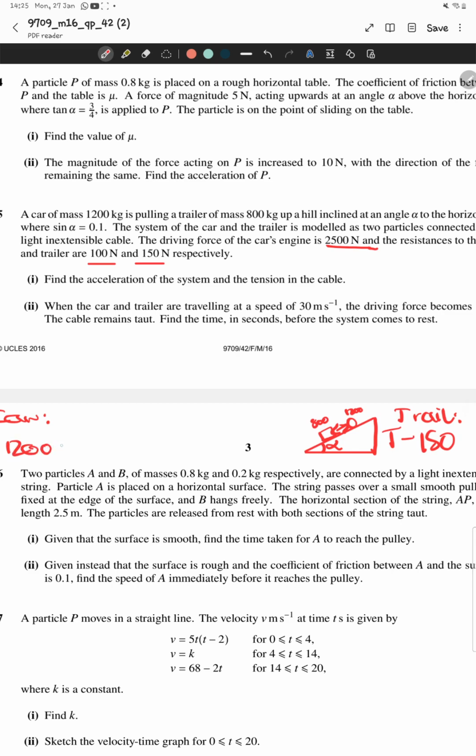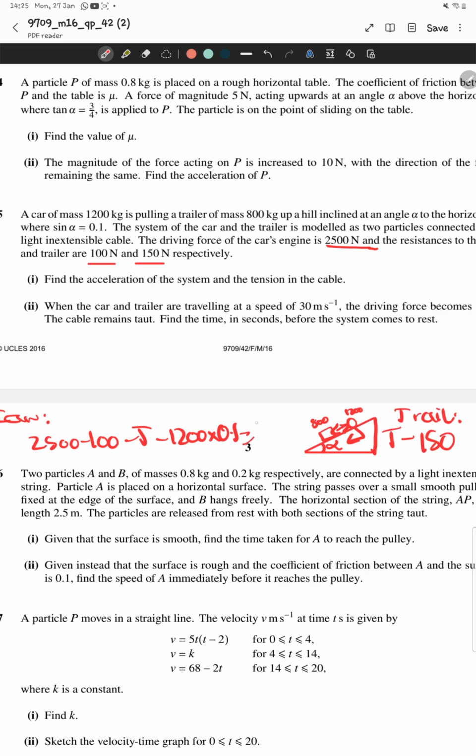For the car: 2,500 minus 100 minus T, and then the weight acting backwards, so minus 1200 times 0.1, because this will be 1200 sine alpha, and sine alpha is 0.1.